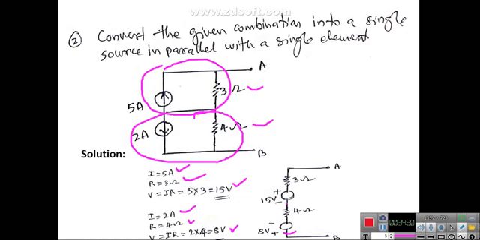If similar terminals are connected in series, then what to do? For the resultant of these two sources, you need to subtract. So 15 minus 8.